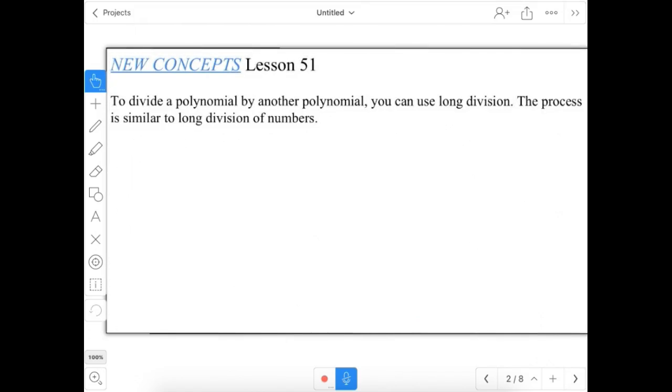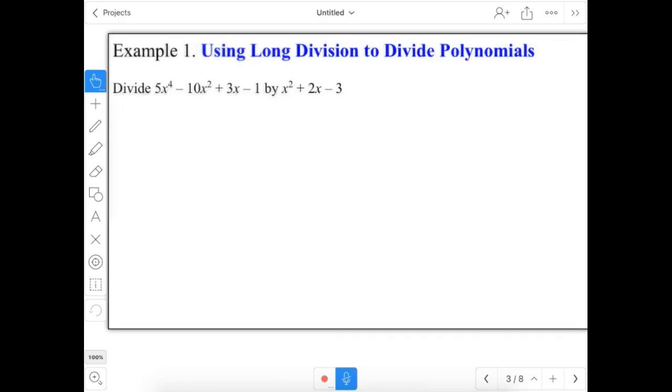So to start out, to divide a polynomial by another polynomial, you can use long division. We already know that. We have done that in this class. And we know that that process is similar to long division of numbers. So we're just going to do a quick little review problem of that. So if we're doing long division of polynomials, we would have 5x to the fourth minus 10x.